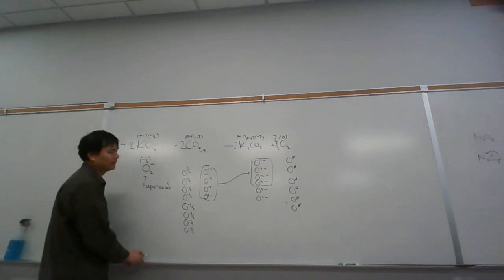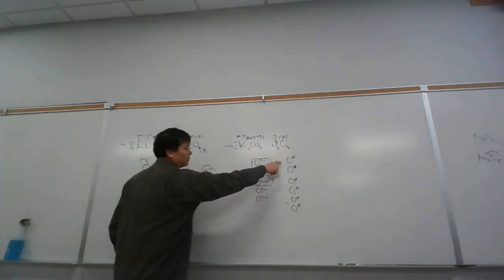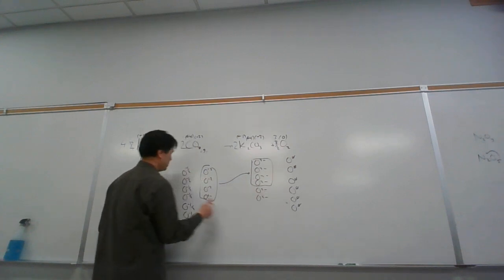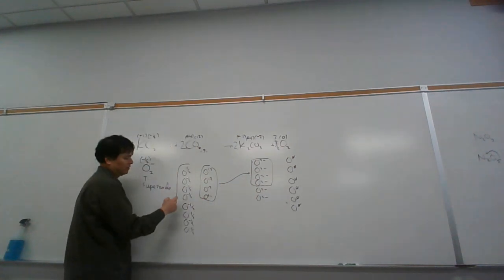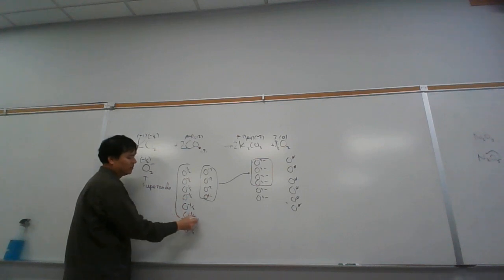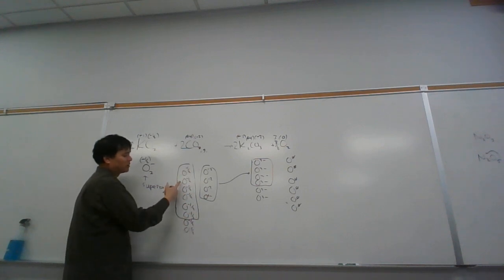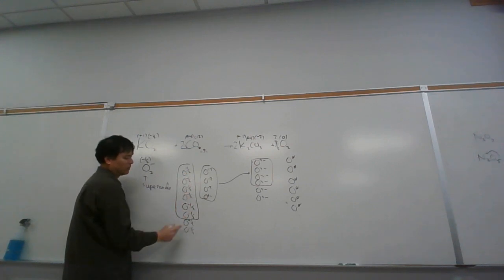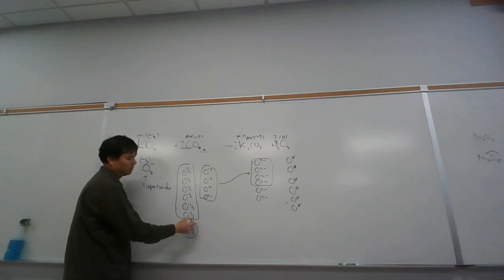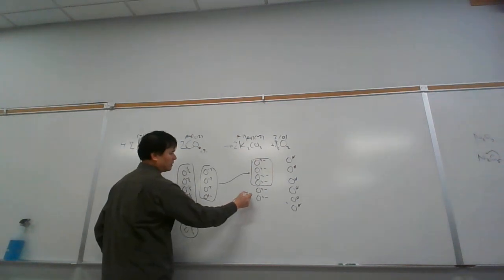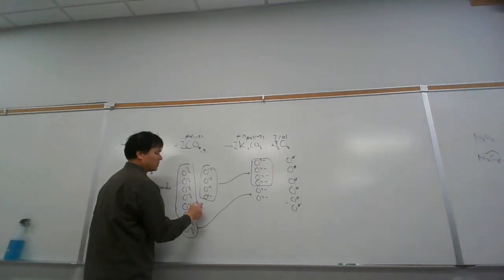So I guess the compromise here was, let's see, 1, 2, 3, 4, 5, 6. So 6 of these will lose a half of an electron each. So that's going to be 1 electron, 2 electrons, 3 electrons. And then these ones are going to gain those 3 electrons. And so this one gains, this one's going to lose.